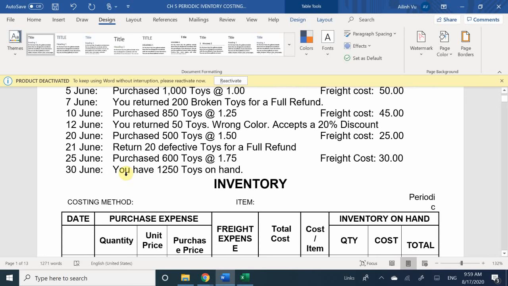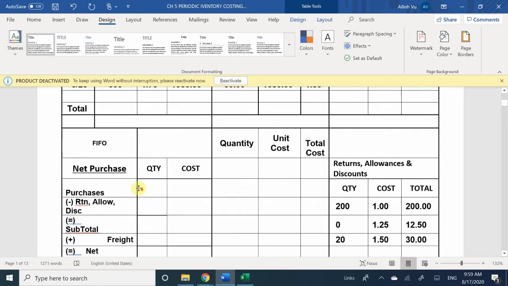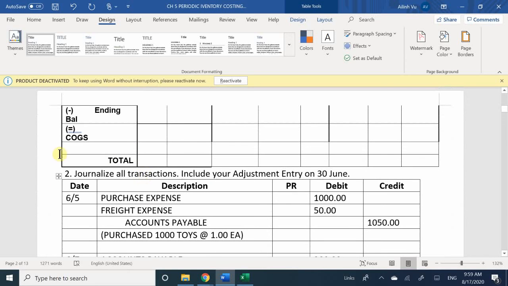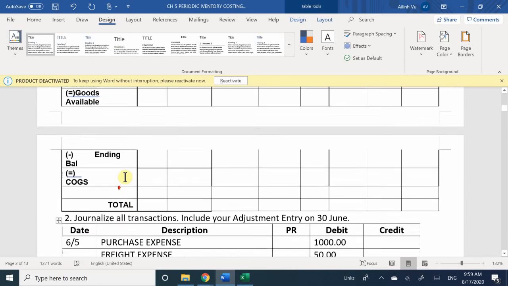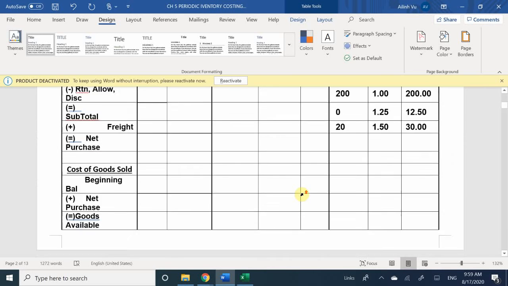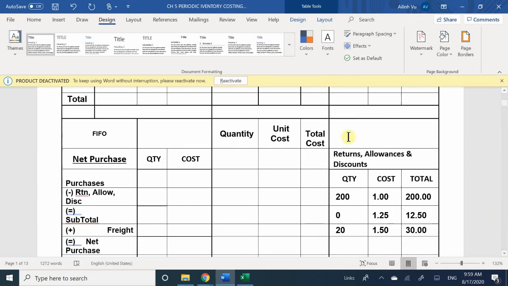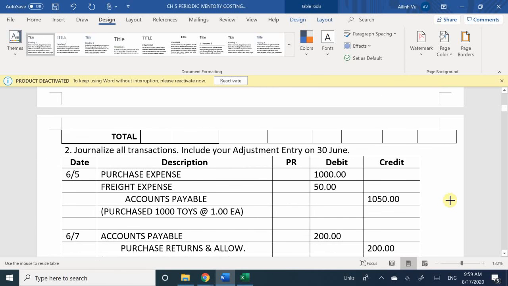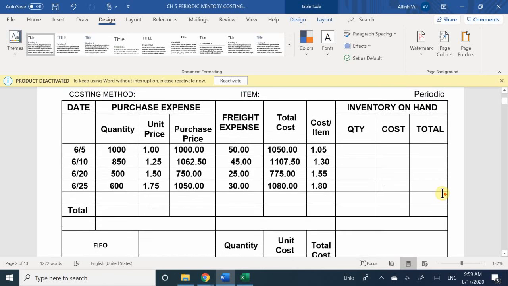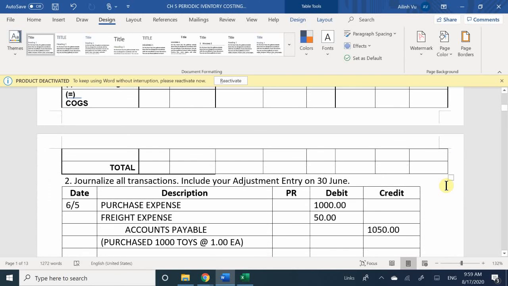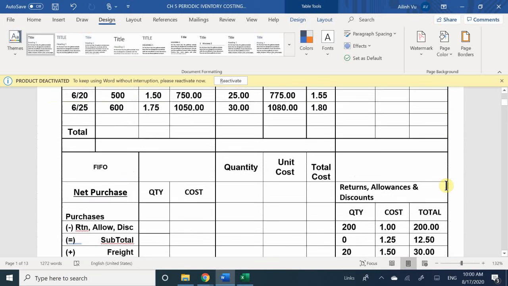So since we know that piece of information, I'm going to find my ending inventory, which is here, 1,250. Let me fix my table a bit, because it's supposed to be not this messed up. Okay, there you go, perfect.